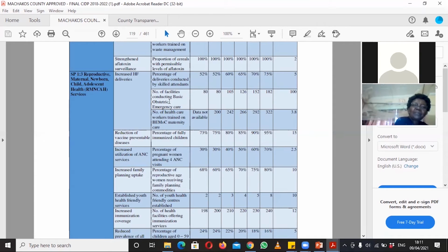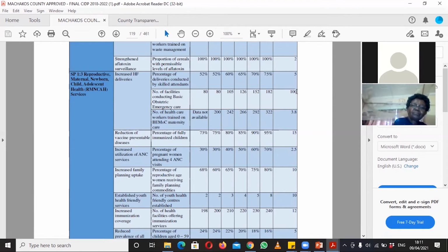And then the number of facilities conducting basic obstetric care. It was 80, but they are expecting that by next year it will have increased to 182. The amount of money they had put for this is 100 million.